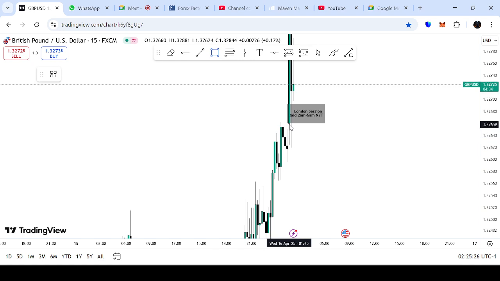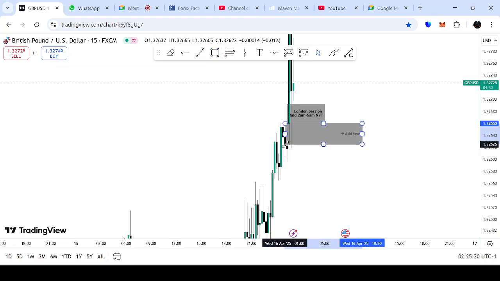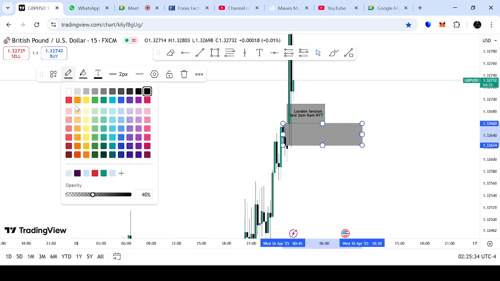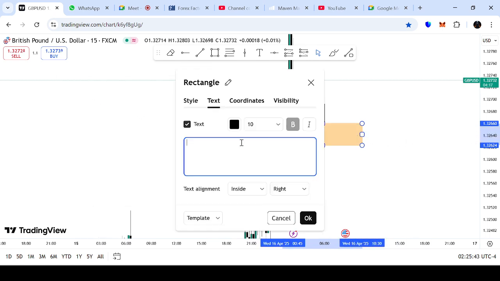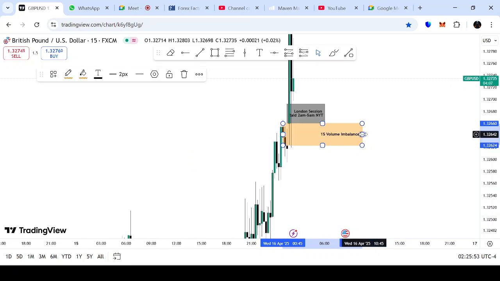This is a volume imbalance. 15 minutes volume imbalance. We annotate it.